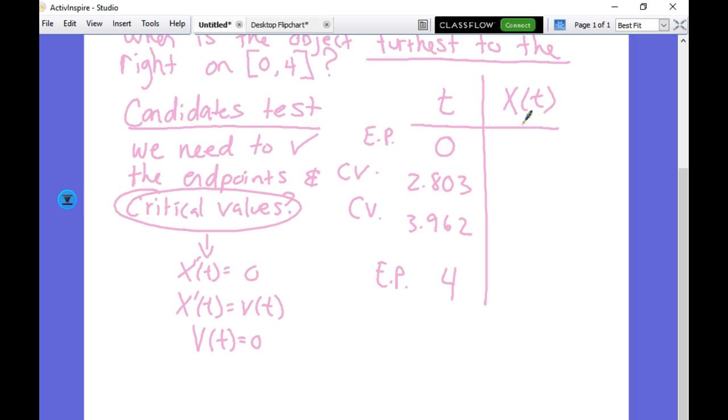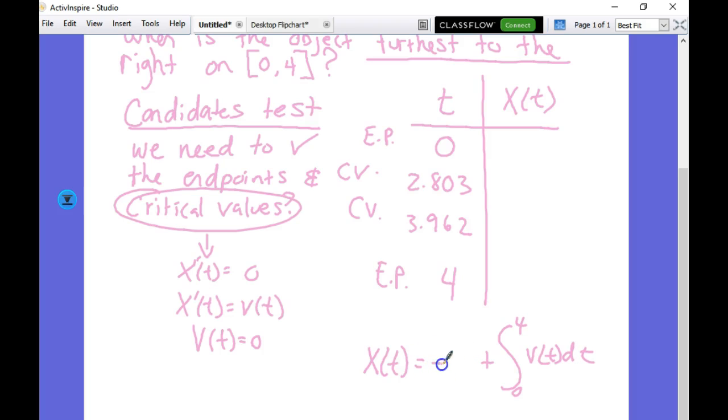How do we find a formula for x? Well, x is equal to your starting x plus the net change from 0 to 4 of your function v of t. Okay? Now we'll just put in what x of 0 is.